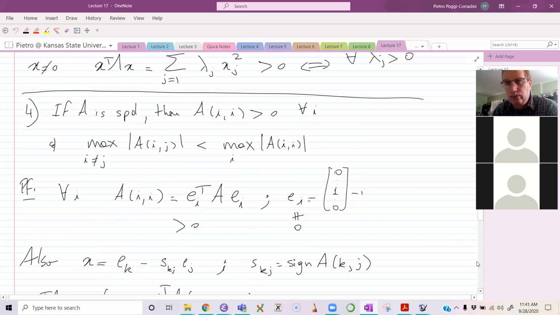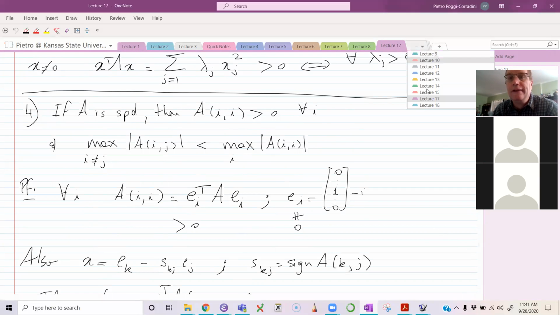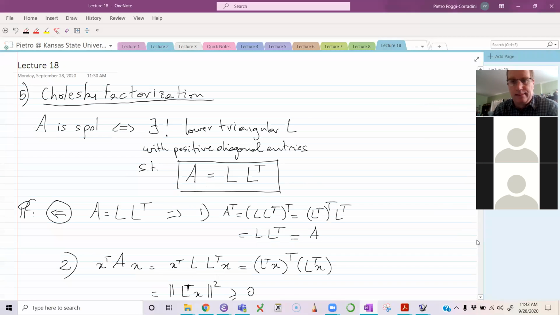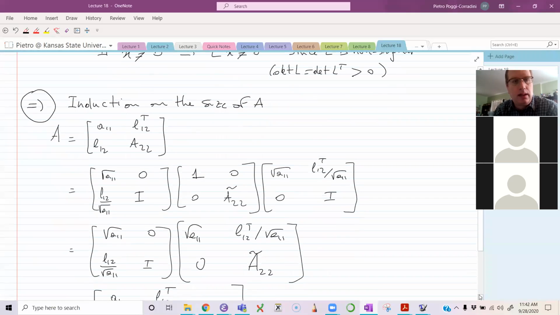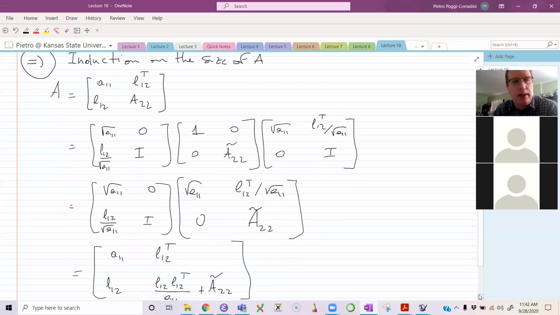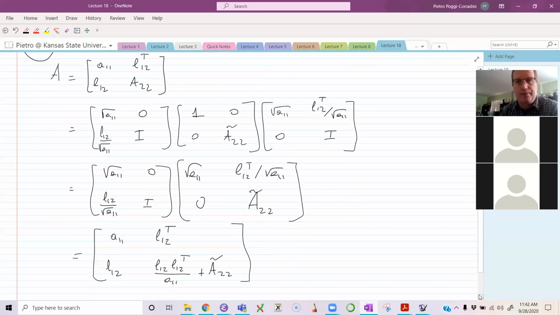And when we do this triple product here, we do get back the form of A, except that in order to compute A22 tilde, we just have to solve here, right?